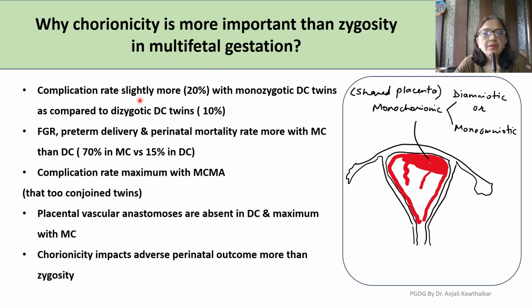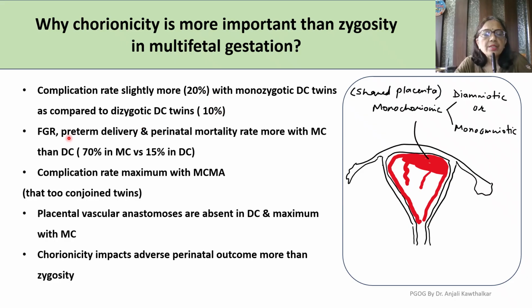Complication rate is only slightly greater with monozygotic twin pregnancy as compared to dizygotic dichorionic twin pregnancy. For monozygotic and dichorionic twins, the complication rate is 20%, and for dizygotic dichorionic twin pregnancy the complication rate is 10%. So zygosity is affecting, but it is only slightly increasing the complication rate.